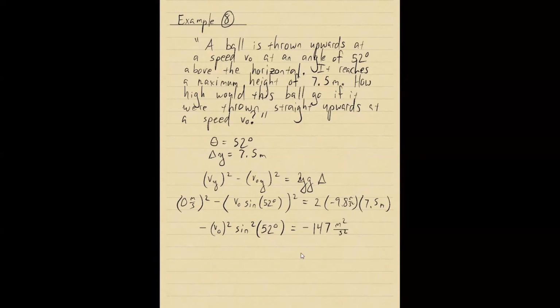Since we have a minus sign on both sides, we can multiply both sides by -1 to get rid of the negative signs. Then we can divide both sides by sine squared of 52 degrees.